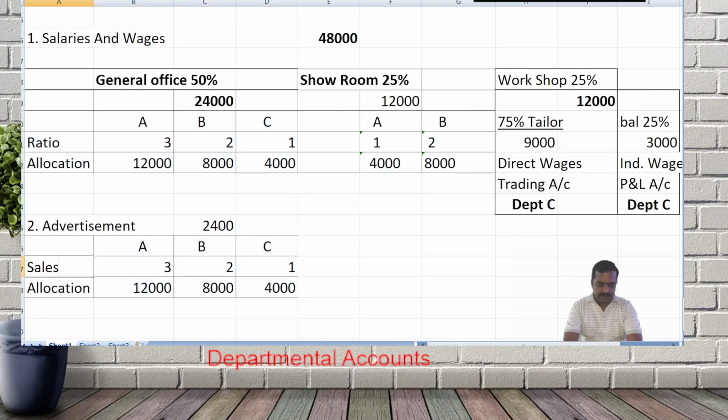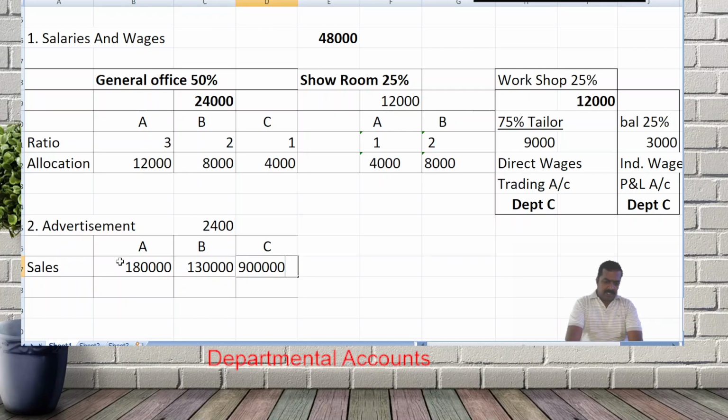Sales ratio. Sales பாருங்களா A, B, C ஓட sales சொல்லுங்க. 1,80,000. 1,30,000. 90,000. அந்த ratio எடுத்தீங்கன்னா it will be like 18:13:9 ratio. இந்த ரேஷியோல என்ன பண்ணணும்? அட்வர்டைஸ்மெண்ட் எக்ஸ்பென்ஸ் அப்போர்ஷன் பண்ணணும்.